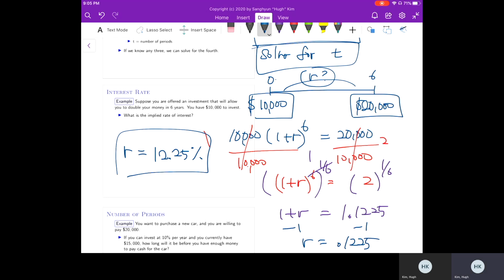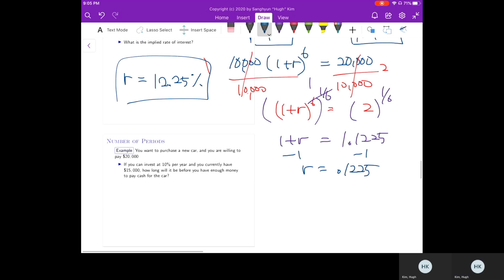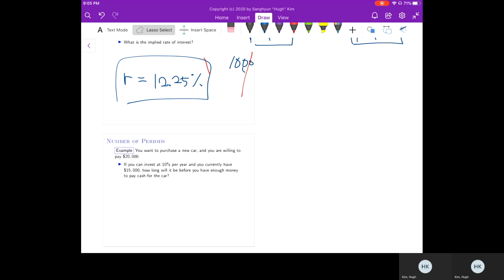Next, we can solve for t. Suppose you want to purchase a new car, and you're willing to pay $20,000 for your car.